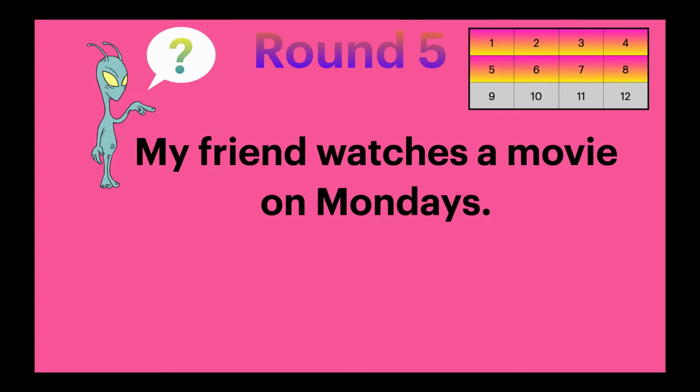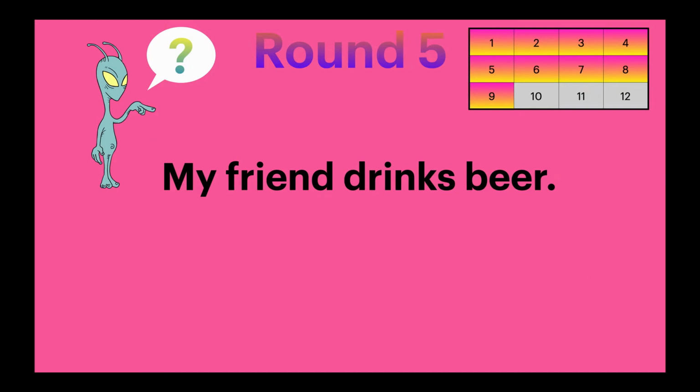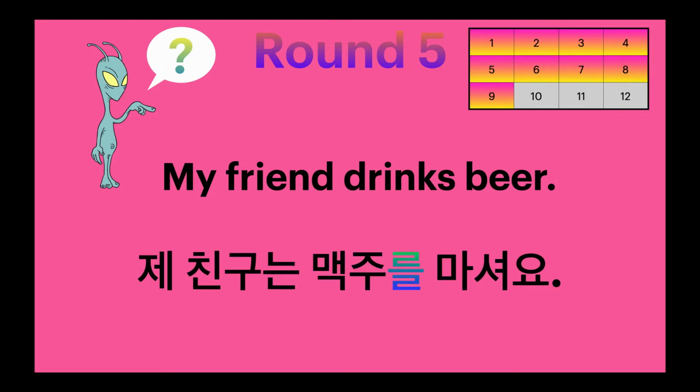My friend watches a movie on Mondays. 제 친구는 월요일에 영화를 봐요. My friend drinks beer. 제 친구는 맥주를 마셔요.